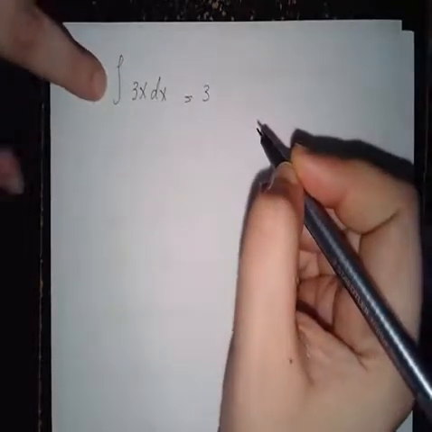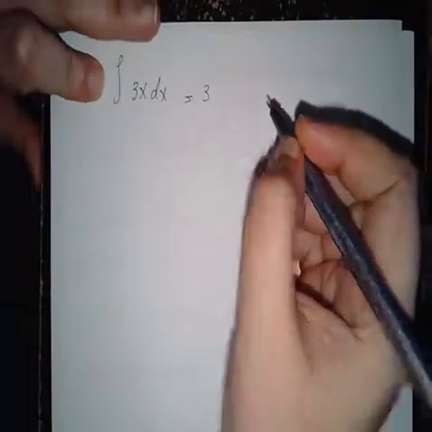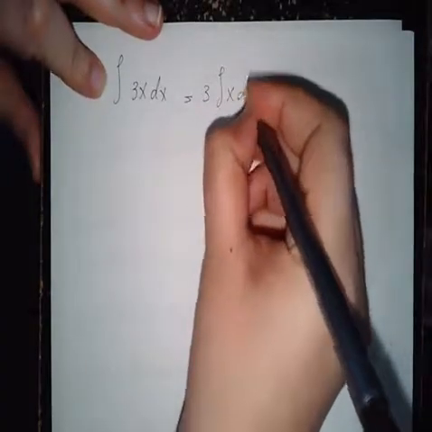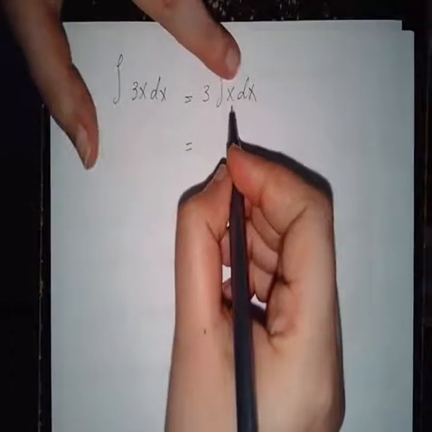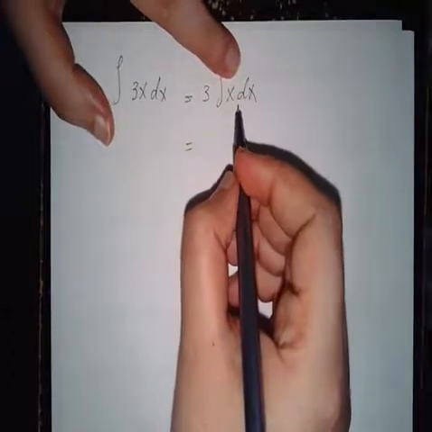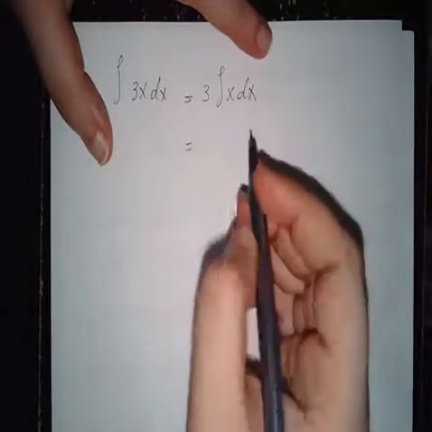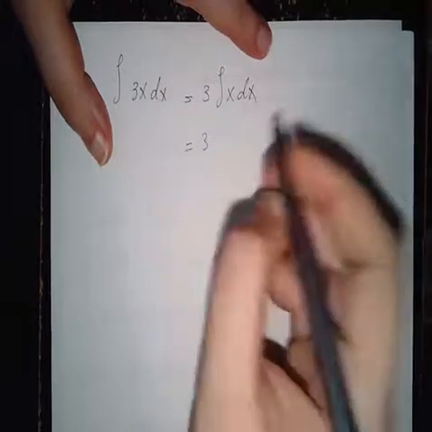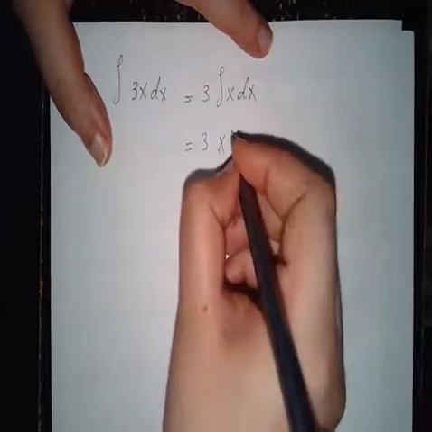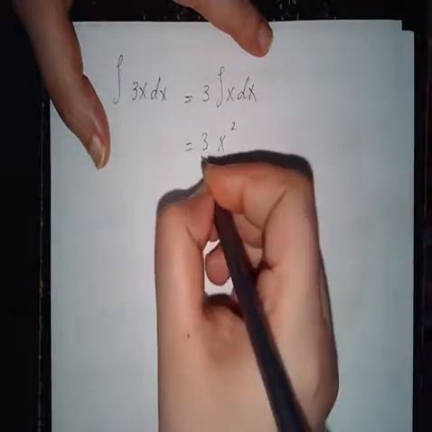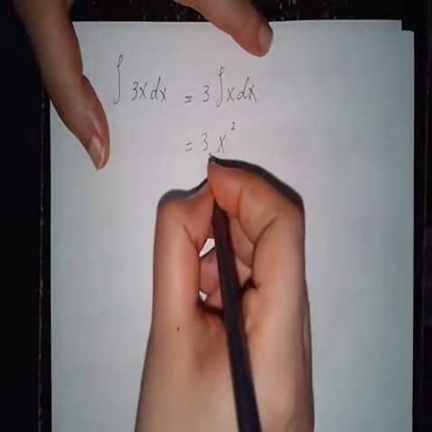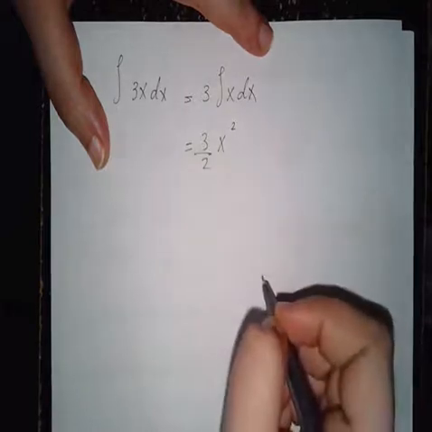So I'm taking the 3 out, kind of like the rule I showed you, and that leaves us with the integral of x dx. Now when I said you had x to the n power, what did we do? So the 3 remains out. We had x to the n plus 1, so making it 2, and then it was divided by the new power, which is n plus 1, so over 2.